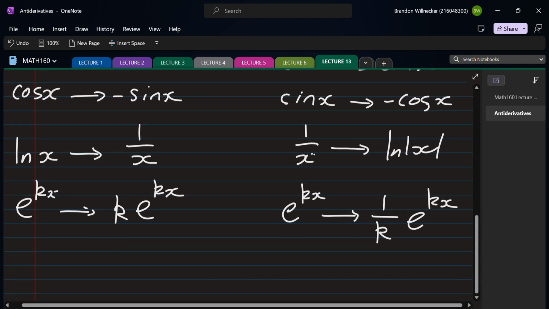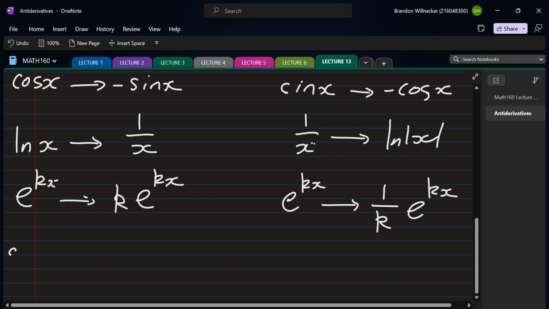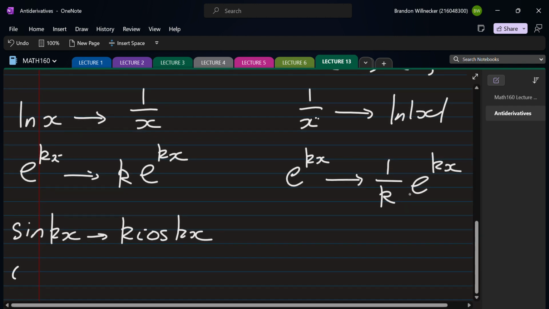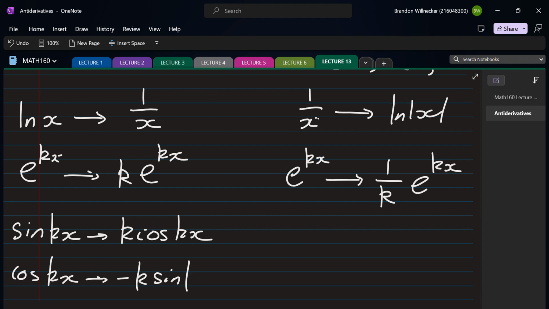Okay, so we can write that down here. If you have sine kx, that becomes k cos kx. We've always multiplied that because of the chain rule. And if we have cos kx, that would be minus k sine kx. Okay, and then for the antiderivative, you divide instead of multiply.